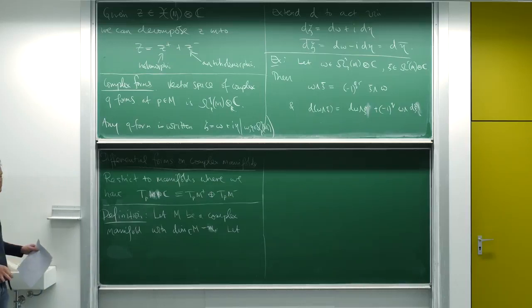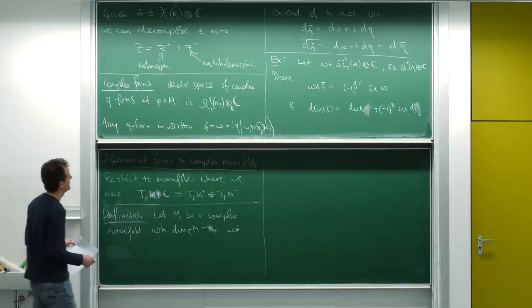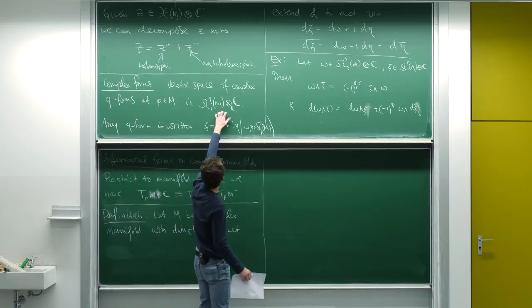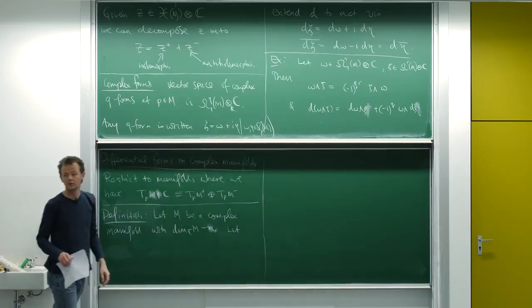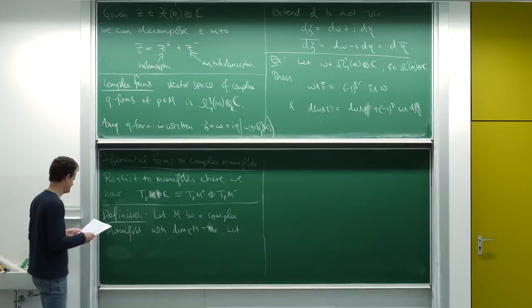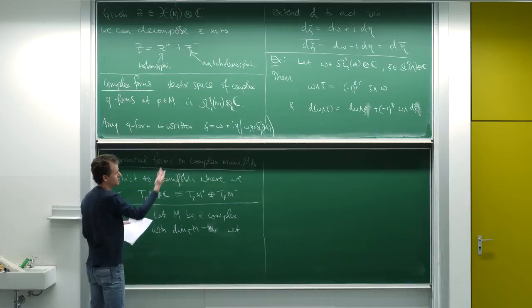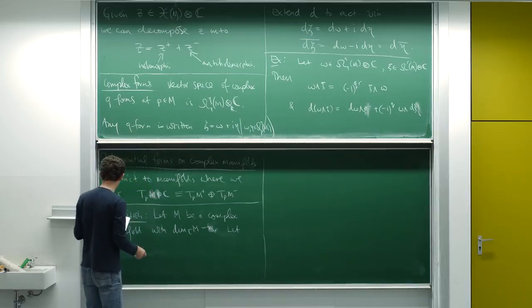Now we start with an m-dimensional complex manifold, and we're going to try and understand this complexified Q-form space here. And we'll see that there's a little bit of internal structure that we can extract.